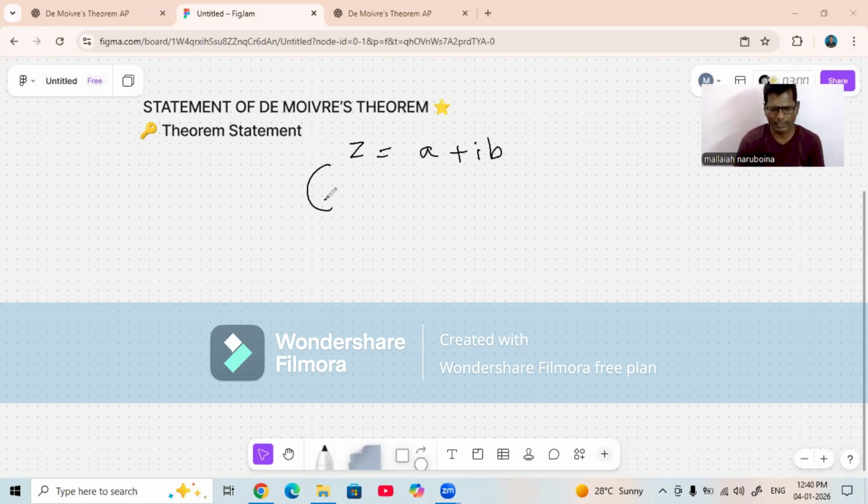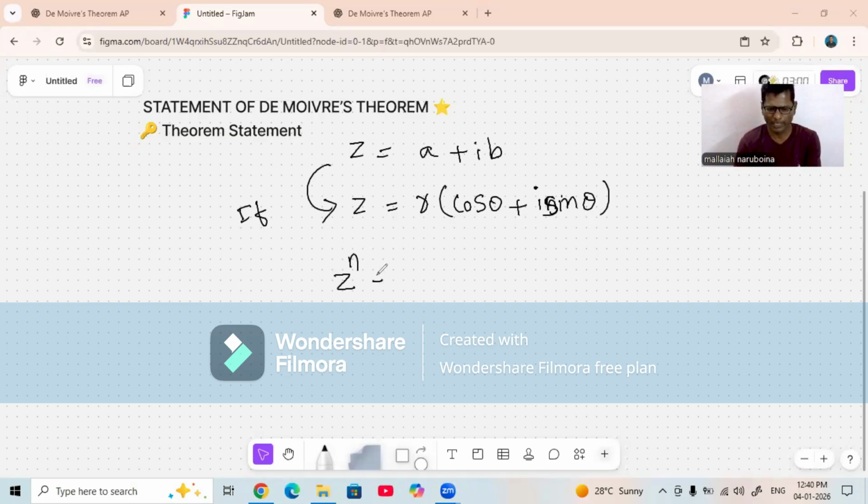The same can be written in polar form as z = r(cos theta + i sin theta).